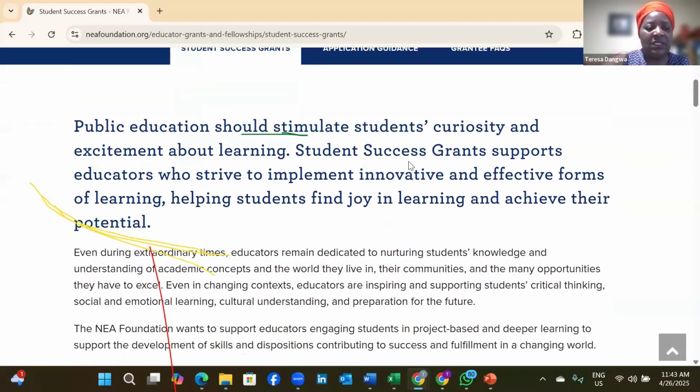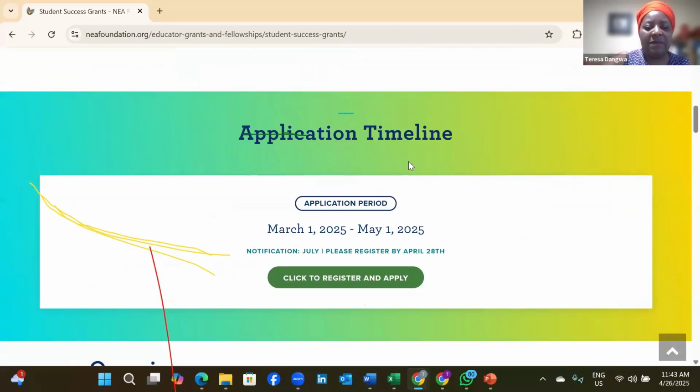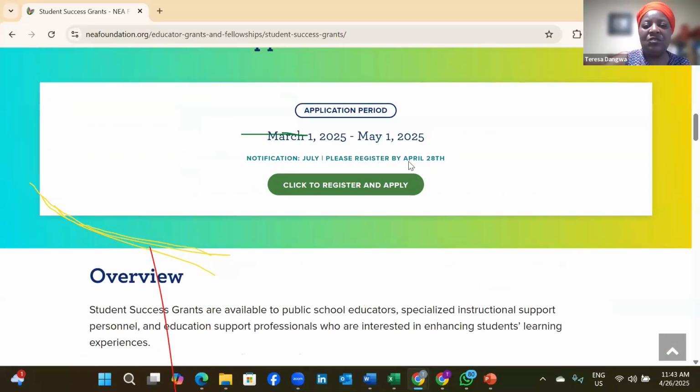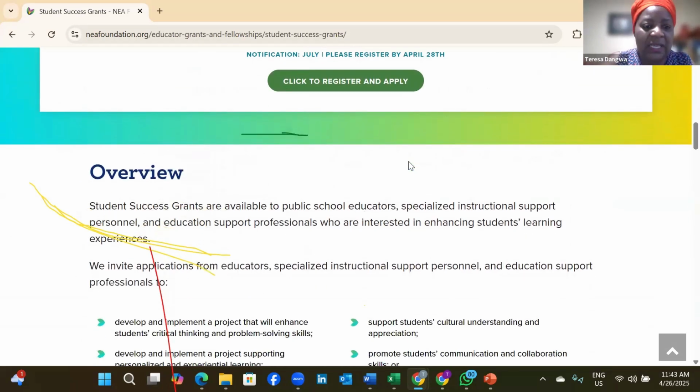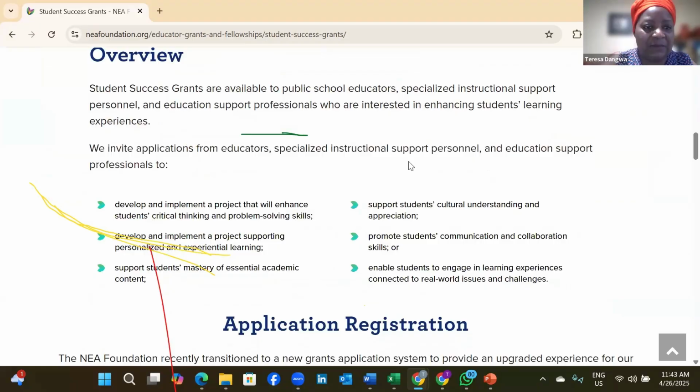So this one gives you the application time period. It starts March 1st, 2025 to May 1st, 2025. So if you meet the criteria, this is a good time for you to be applying for this particular grant.